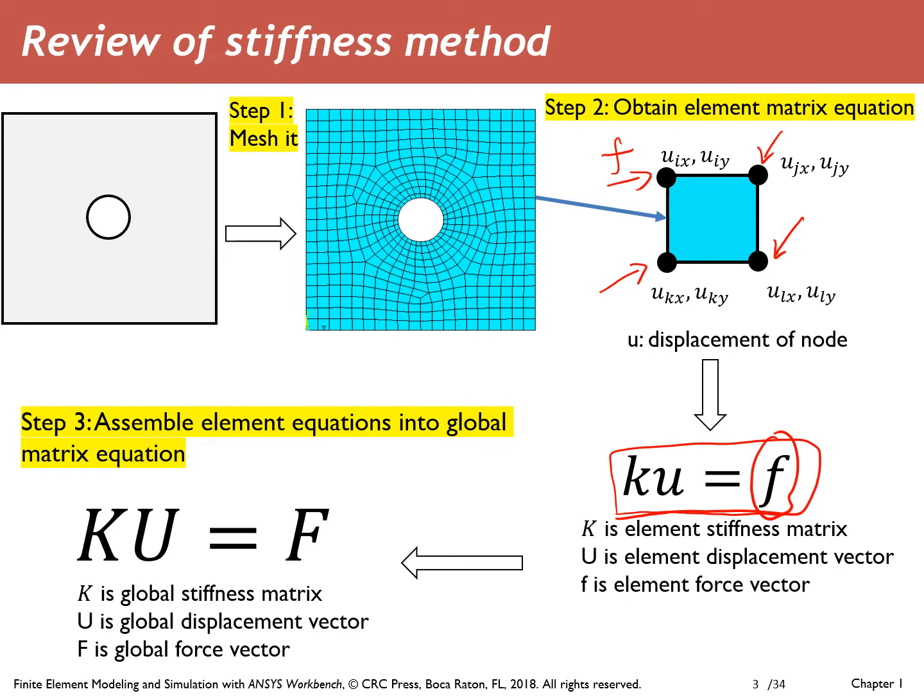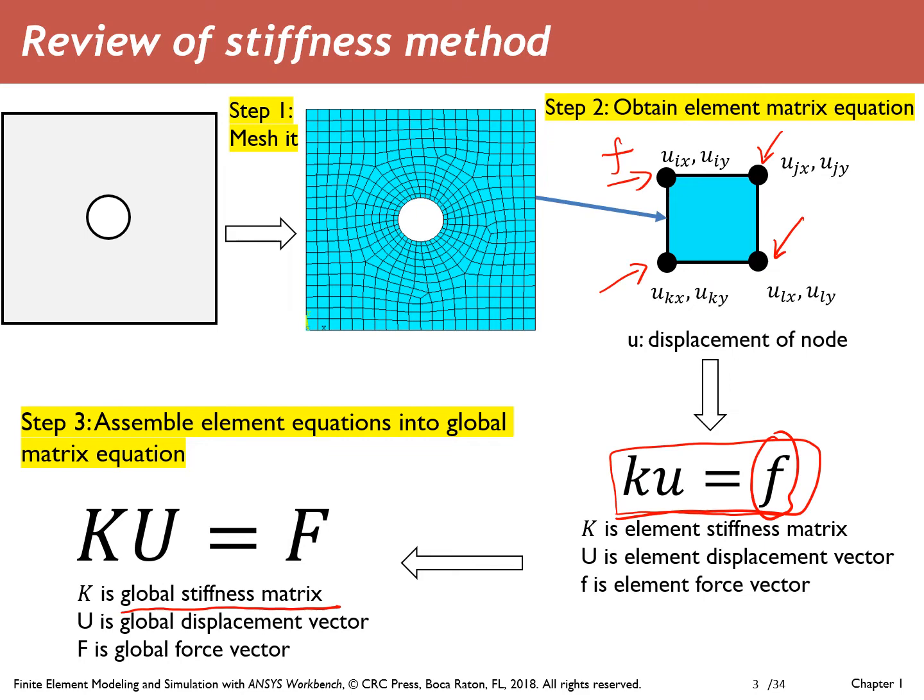K will be the global stiffness matrix, and U is the global displacement vector. Depending on how many nodes we have, and with 2 degrees of freedom in the X and Y directions, the size will be the number of nodes times 2. So you can imagine there will be a pretty large matrix equation, but computers are good at dealing with matrix equations, and they can solve it.